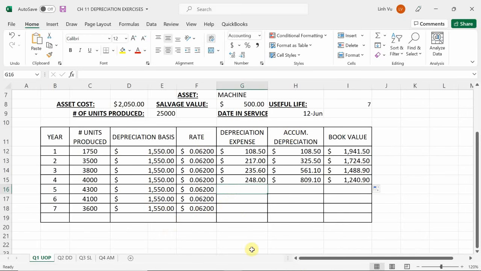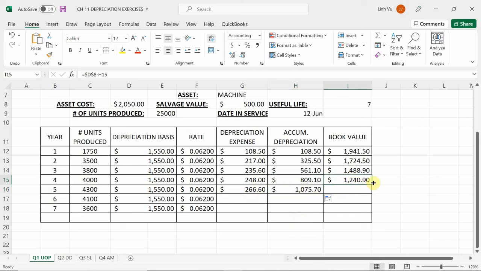So for year 5, what's going to be my depreciation expense if I produce 4,300 units this time? 266.6, which brings my accumulated depreciation to be 1075.7.